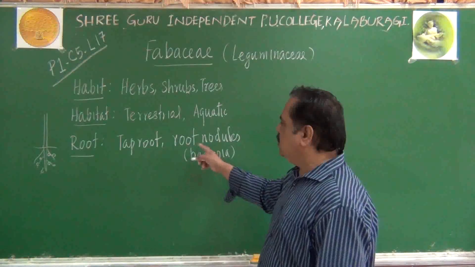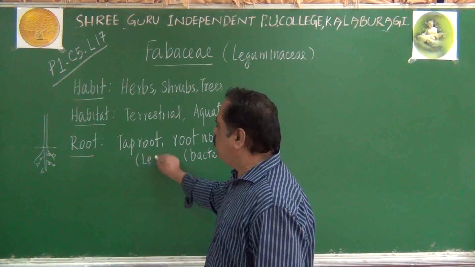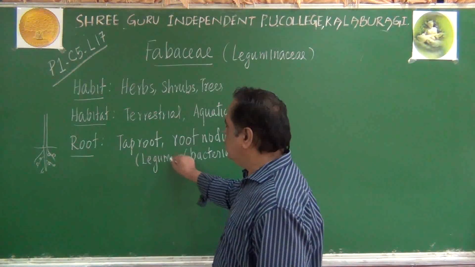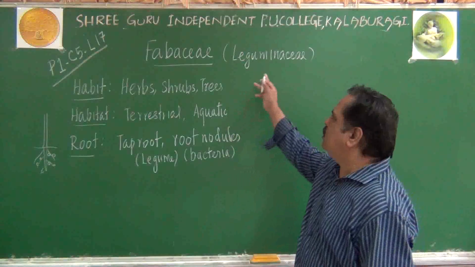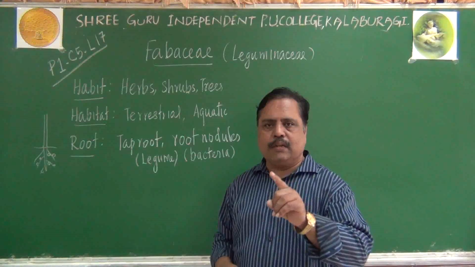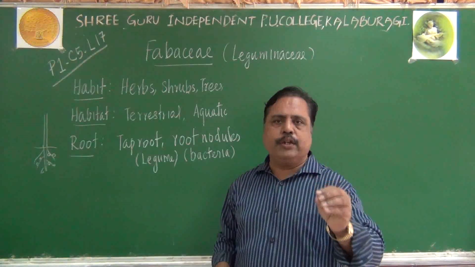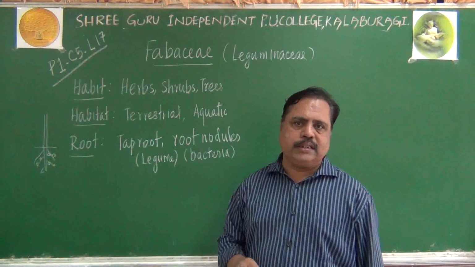Since they have this nodule, these nodules are otherwise called legume. That is why this family is otherwise known as Leguminosae. The plants of Leguminosae will have legume in them. What are legumes? Root nodules, we can say.